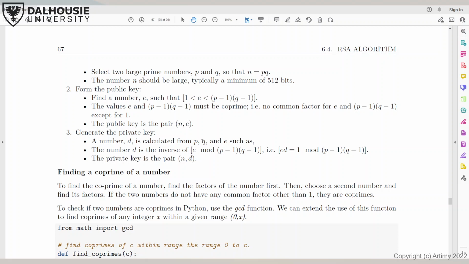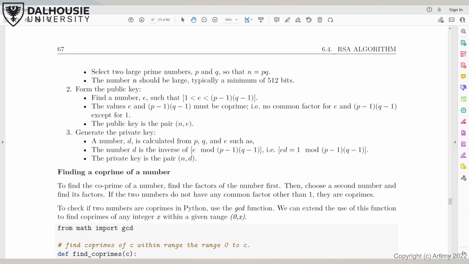Okay. And how about the other key, the private key? The other key has to be an inverse of E mod (P minus 1)(Q minus 1). Here comes the inverse that we talked about earlier. It can be written this way: E multiplied by D equals 1 mod (P minus 1)(Q minus 1).